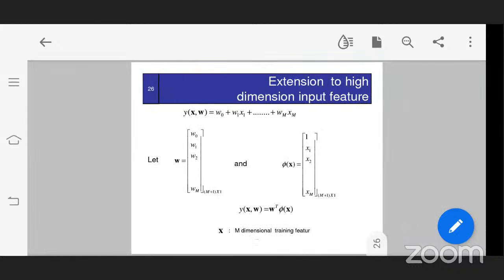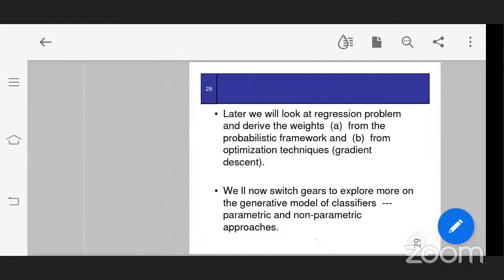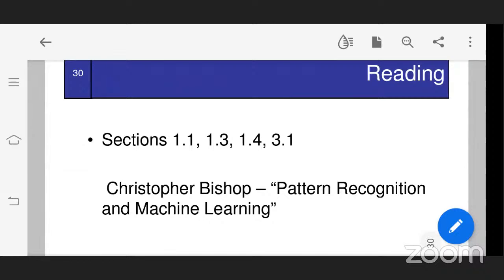For people who are interested in reading the material, these are the sections of reading from Pattern Recognition and Machine Learning by Christopher Bishop. You can read sections 1.1, 1.3, 1.4, and 3.1. The content of this lecture has been taken from there. In fact, Dr. Sridhar was suggesting me to add this up, so I've added it in this lecture.